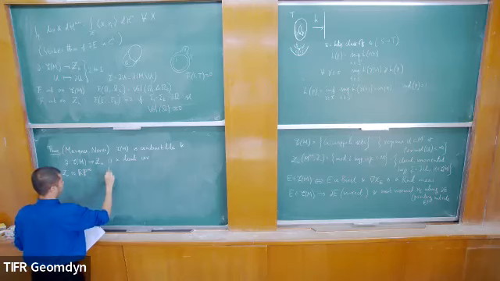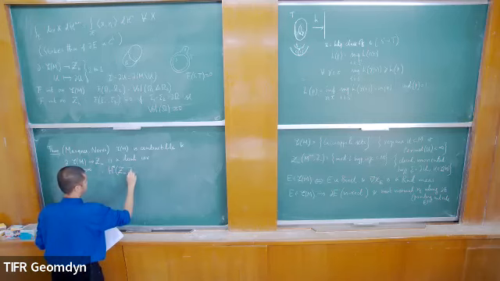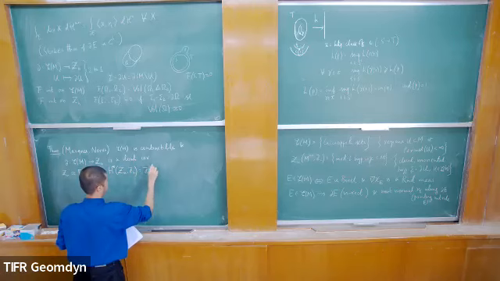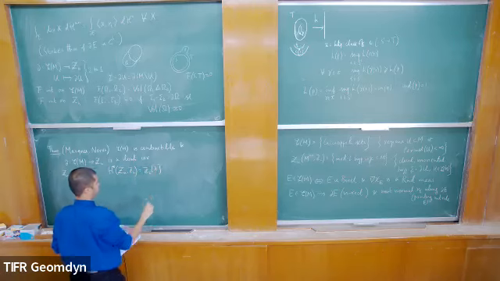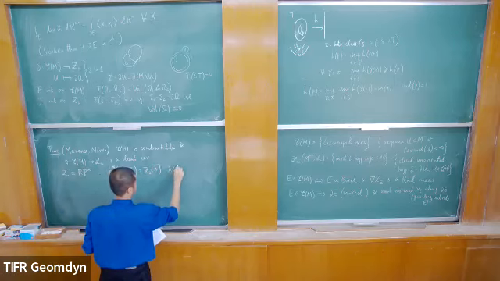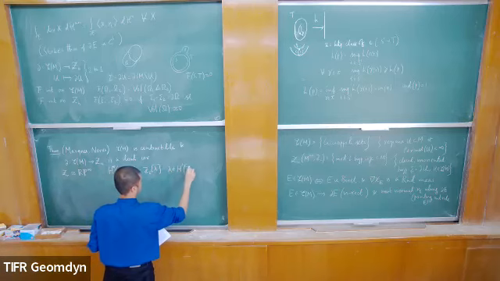So the cohomology ring of this space Zn with coefficients in Z mod 2 is the polynomial ring over Z mod 2. Here lambda is in H1 of Zn, Z mod 2.